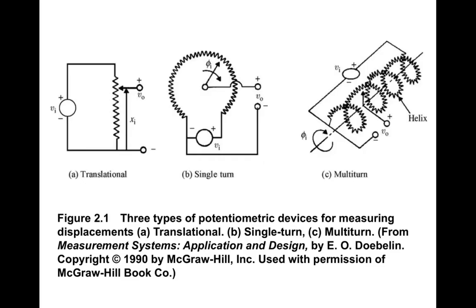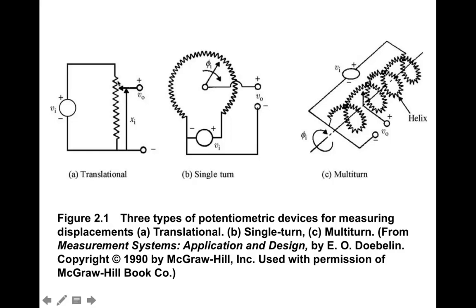So here are three examples of different kinds of potentiometric devices for measuring displacement. The first one, figure A, we're actually looking at translation. So this arrow V naught is moving up and down, and the output voltage is proportional to the resistance from the sliding contact to the negative contact.